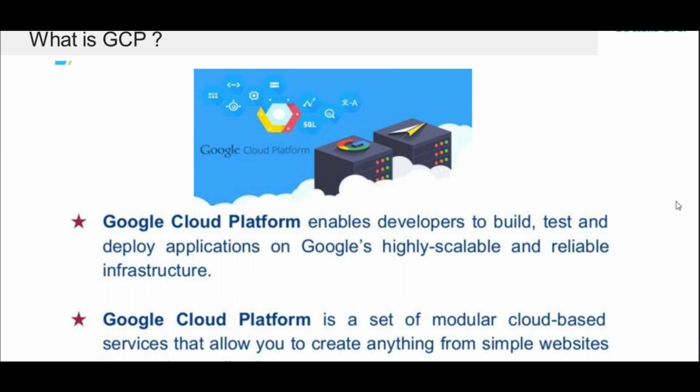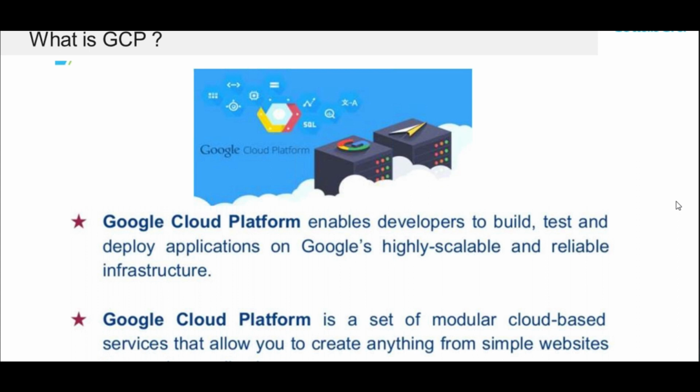The Google Cloud Platform is a set of modular cloud-based services that allow you to create anything from a simple website to complex applications. So using this platform, you can build your software and your applications, and you can access the hardware resources required to support your application.